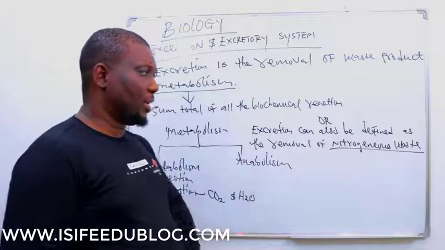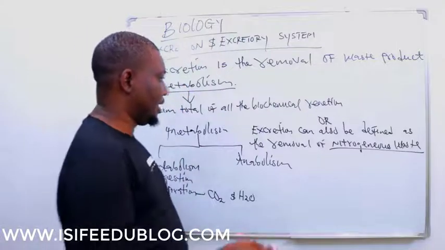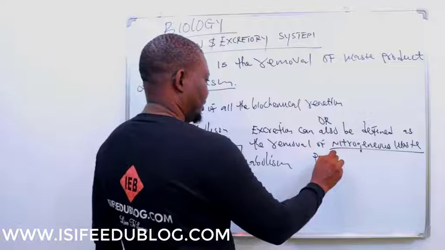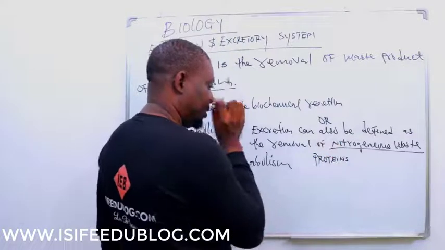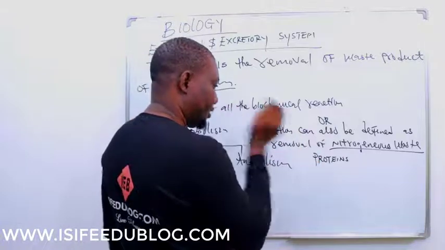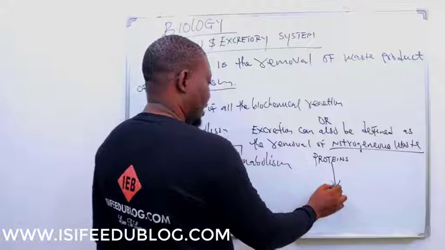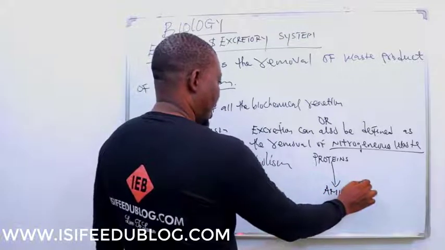This nitrogenous waste is basically from the digestion of protein. Protein is broken down in the cell. The digestion of protein gives you the end product, amino acid.